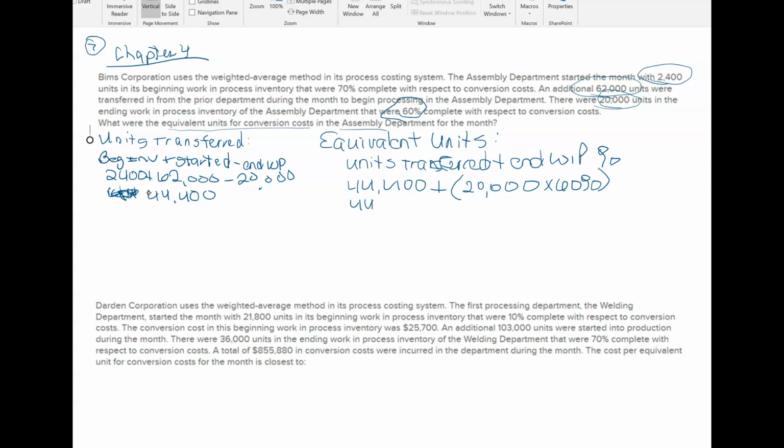And we get 44,400 and 12,000. The equivalent units for the ending work in process inventory is 12,000. 20,000 partially completed units at 60% equals 12,000 completed units. So then the total equivalent units will be that plus what was transferred. And that is 56,400.